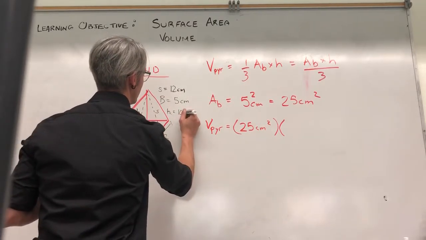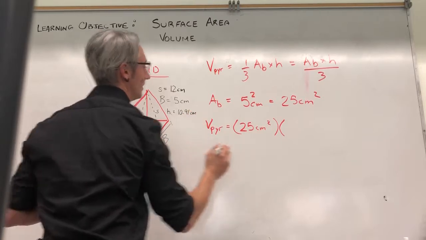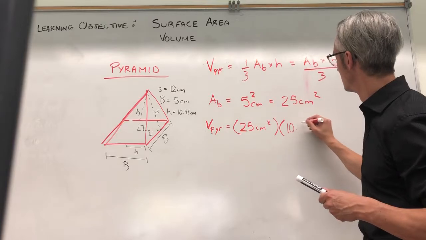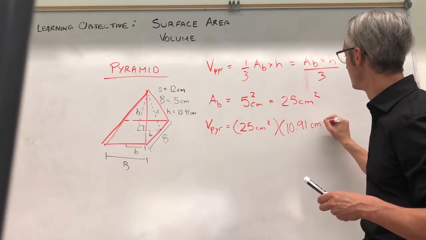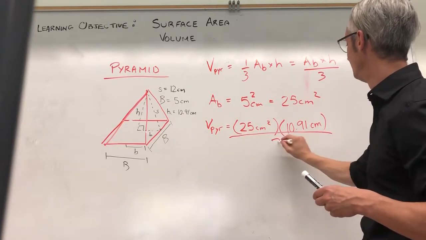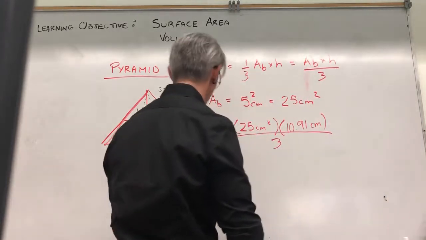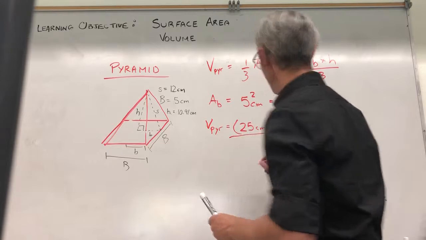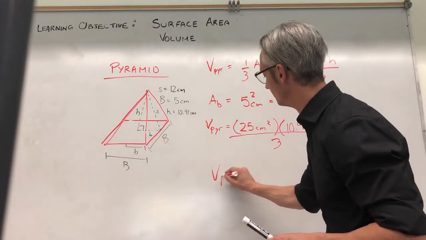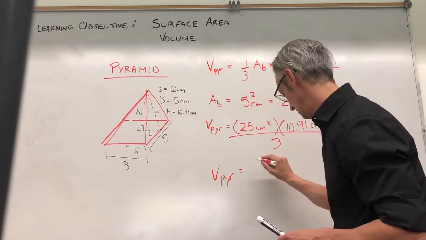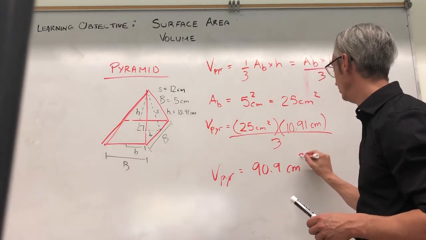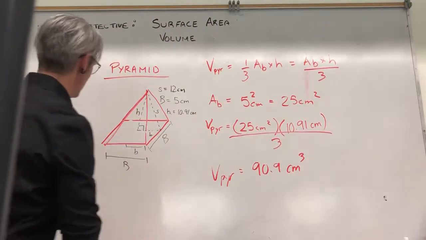I use 10.91. And then all that divided by 3 is 90.9. The volume of this pyramid is 90.9 centimeters cubed. How did I get this height?